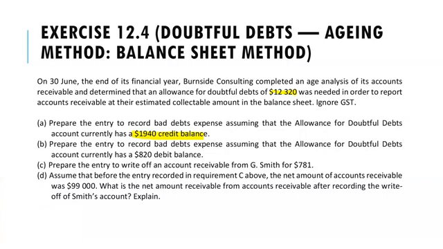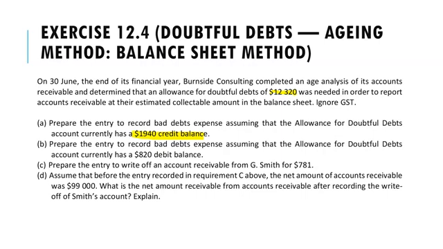Previously, we already provided 1940 as our allowance for doubtful debt. Based on the aging method, we found that the balance should be 12,320. Okay, this is a credit balance.